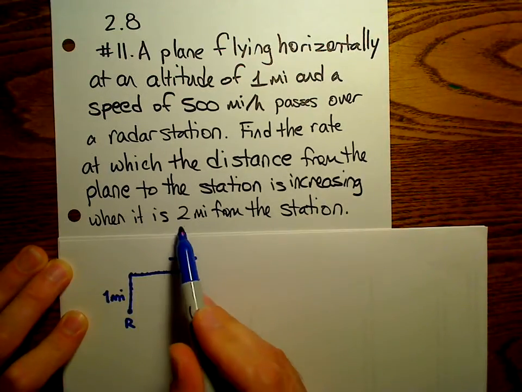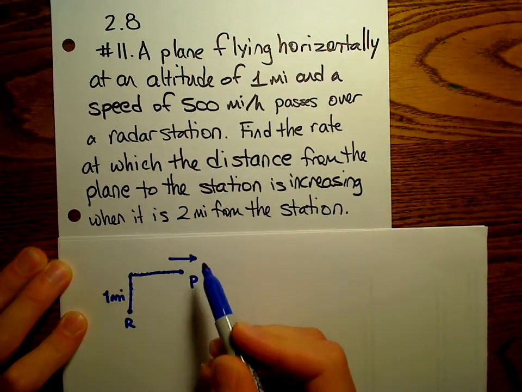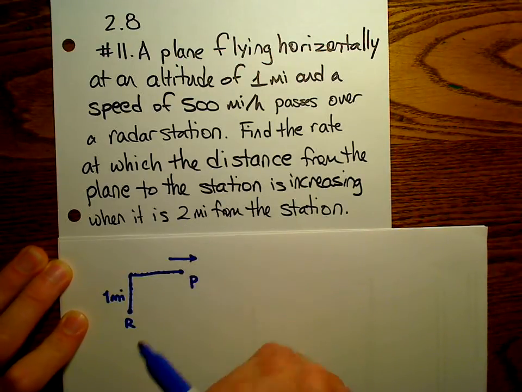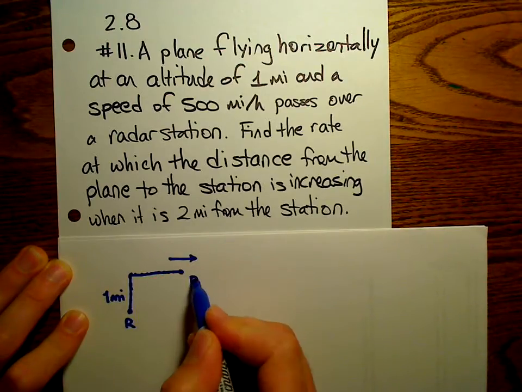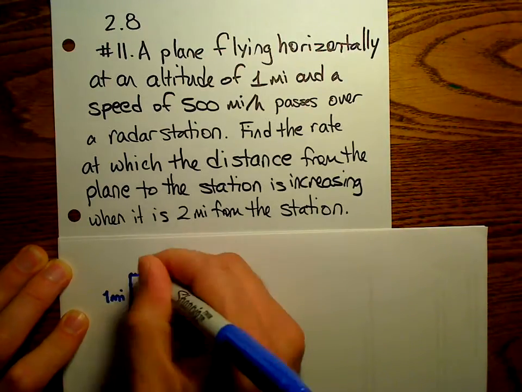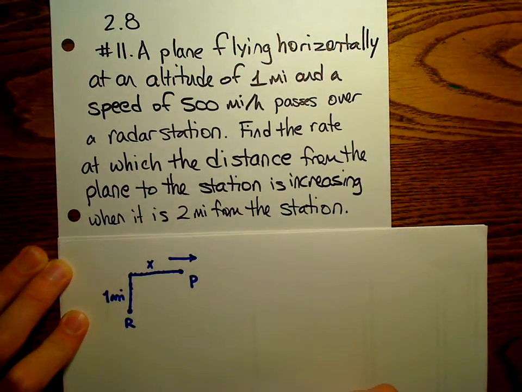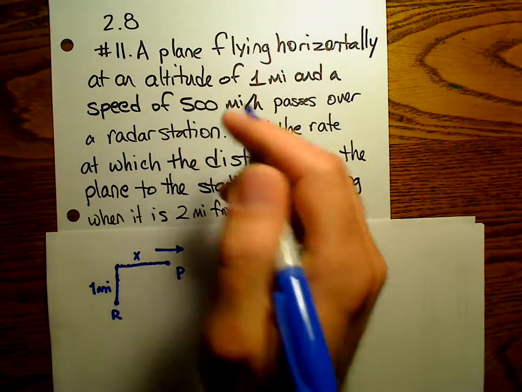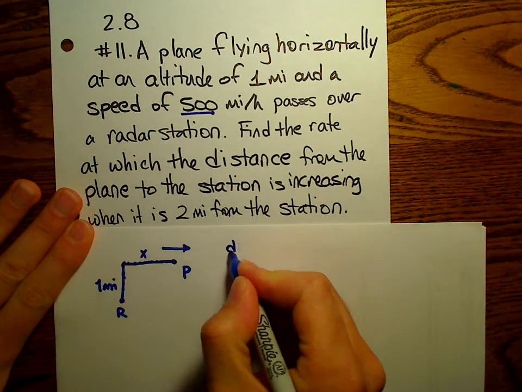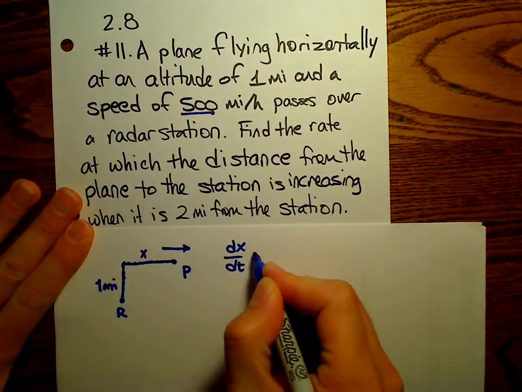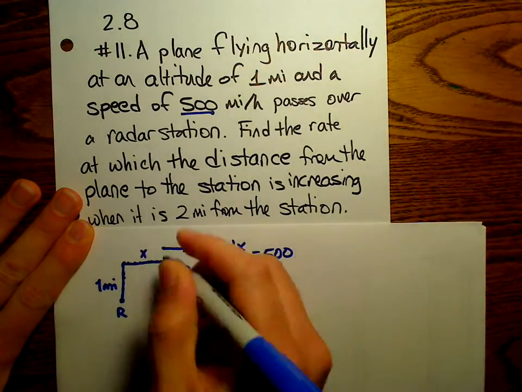Now, while they mention this 2 miles from the station idea, it's not always 2 miles. It's a moving plane. This horizontal distance from the radar station to the plane is varying, so we should give it a variable. That's an x. And so what we see here is that 500 miles per hour is really a dx/dt of 500.